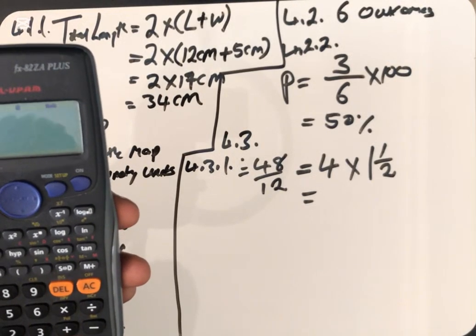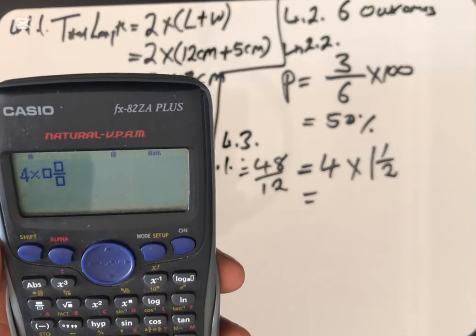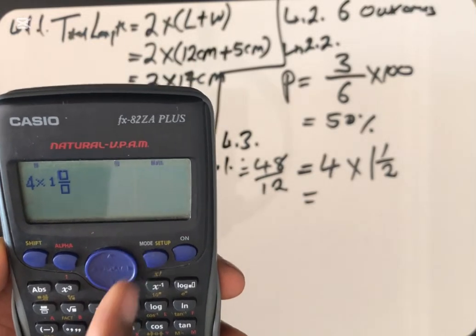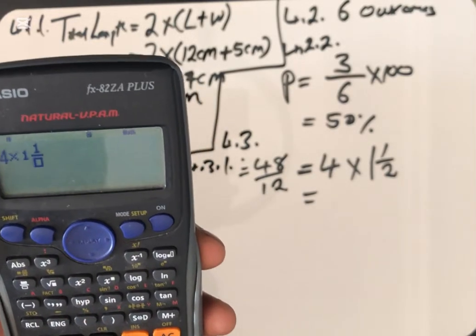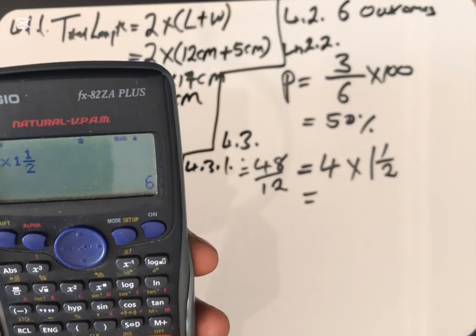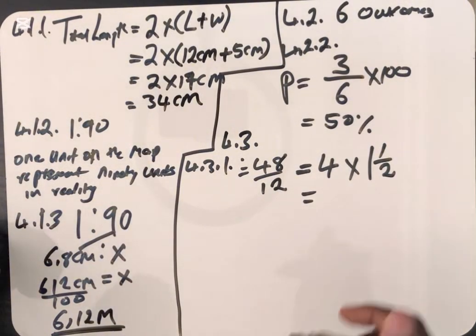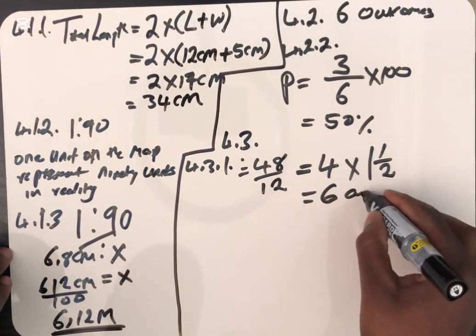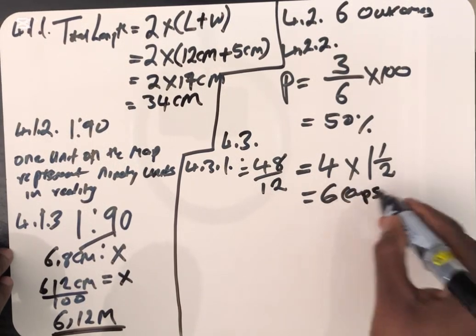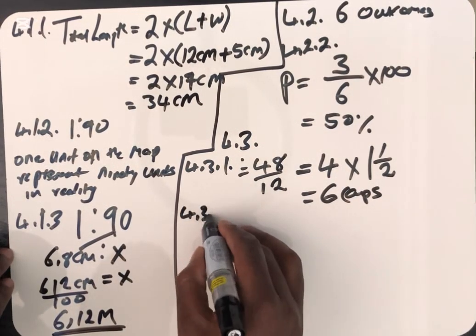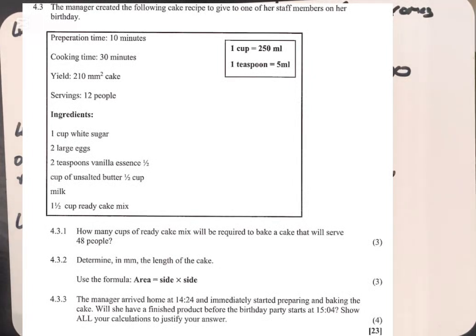Then you're going to edit this to become 1 and 1/2. Your answer is 6 cups. Then 4.3.2. Determine in millimeters the length of the cake. You may use area is equals to side multiplied by side.